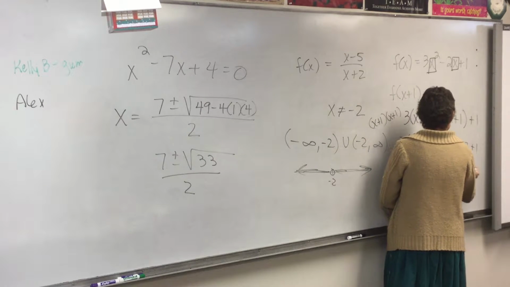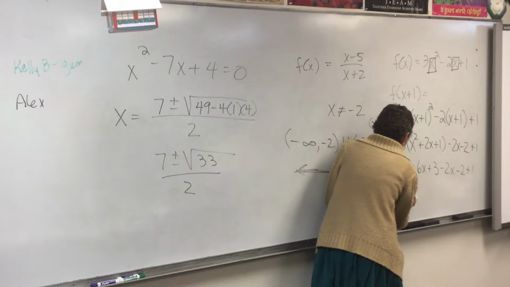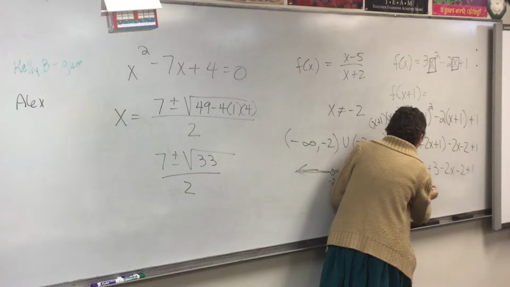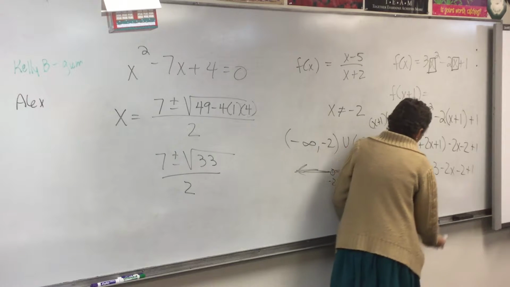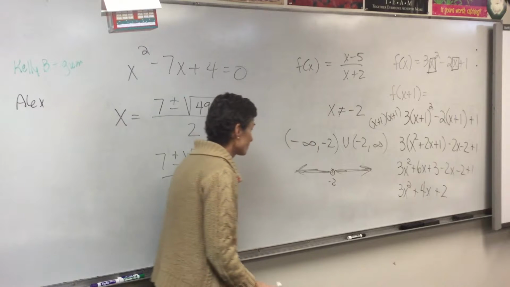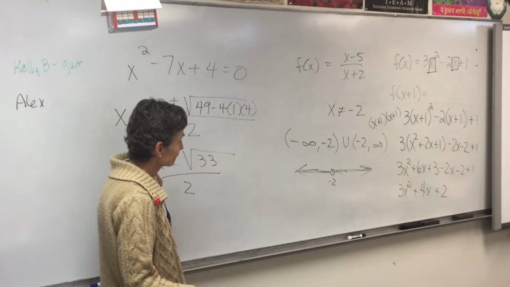And then I'm just going to collect like terms. So my answer is 3x squared plus 4x plus 2. Did I add right? And multiply right?